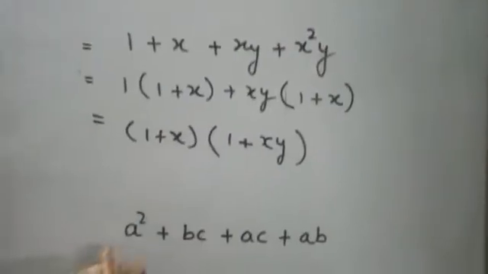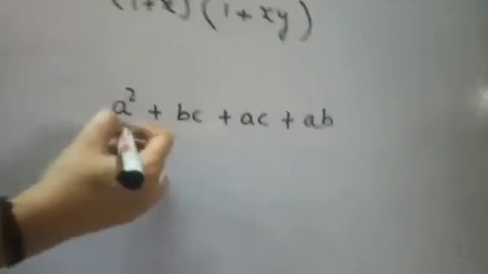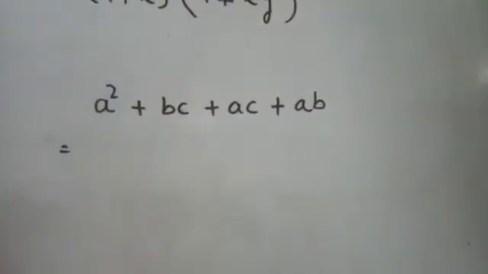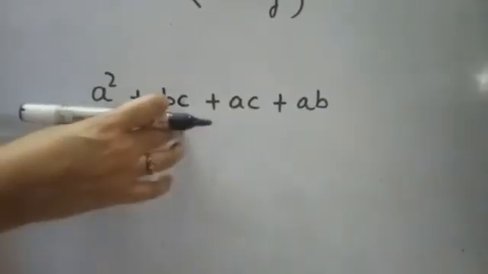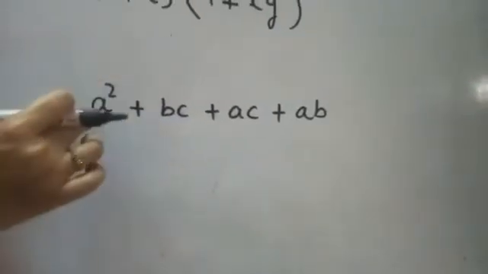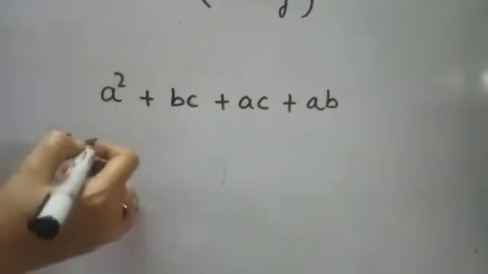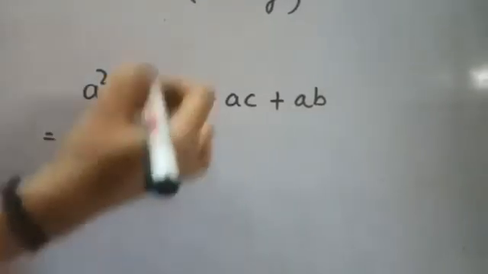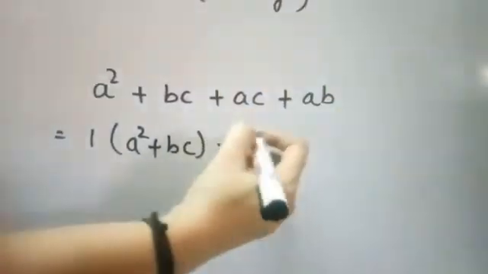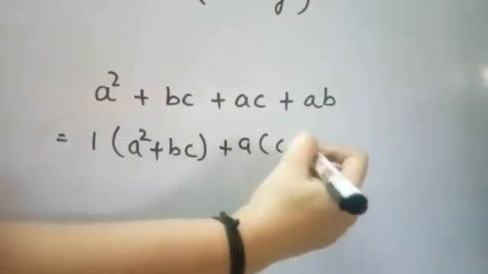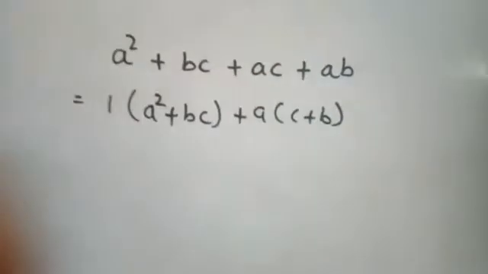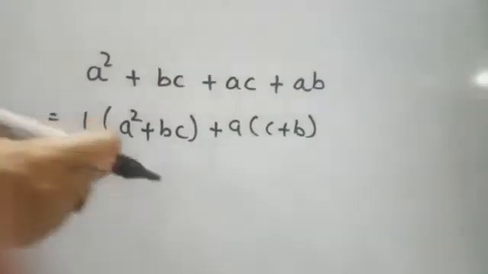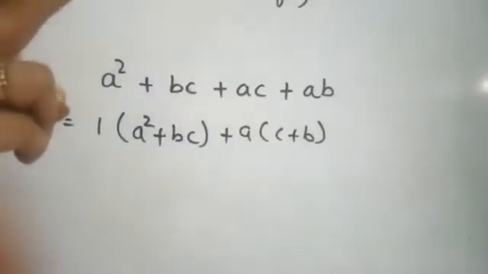Now the next, look at these terms. Again we have four terms and we have to group two terms to take out the common factor. If I look at the first two terms, one is common, and in the second two terms a is common. Now is the factorization complete? My dear students, listen carefully.